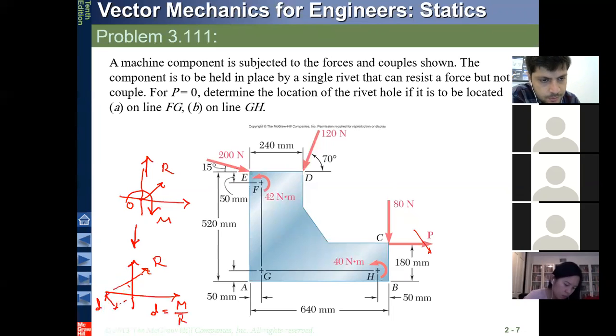So if you actually place a rivet at this point, then you do not have any moment at this point, and you just have force. So you can make this component stable. We're going to find that point, which is by default on line FG or GA. So we're going to calculate the location of 2 points here. Is the question clear?